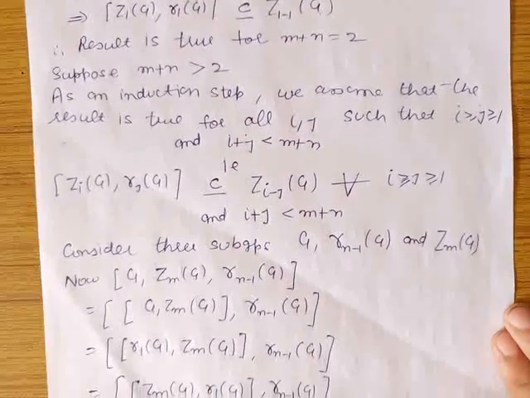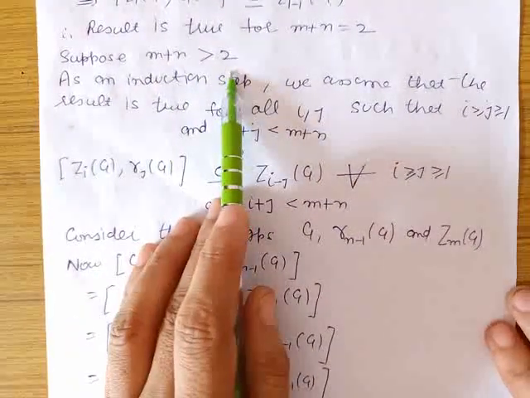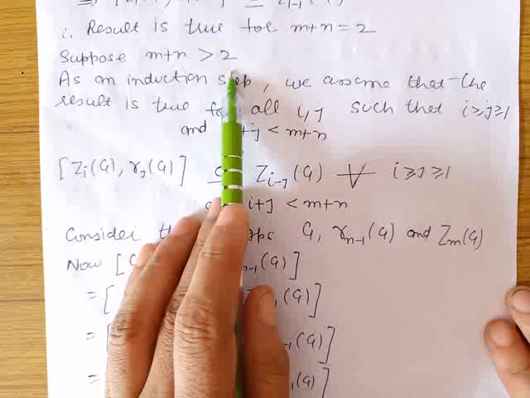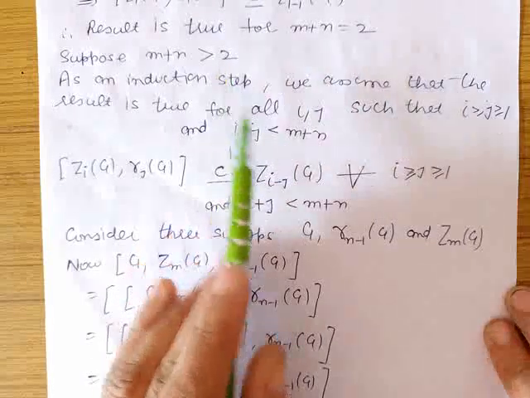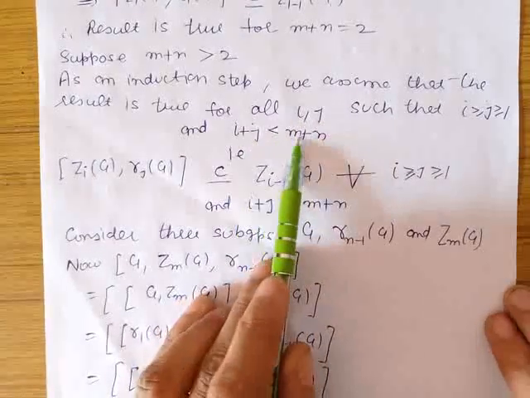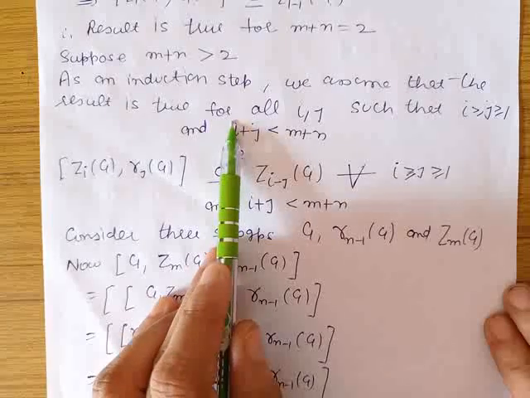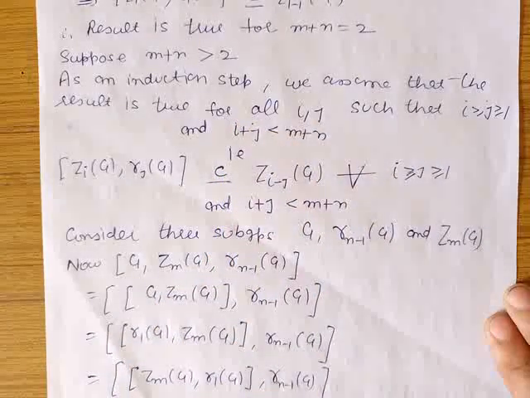Now let us assume that m plus n is greater than 2 and the result is true for all i and j having the sum less than m plus n. Here i is greater than or equal to j and this is further greater than or equal to 1.